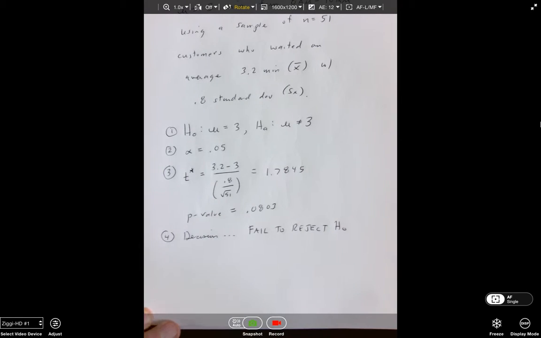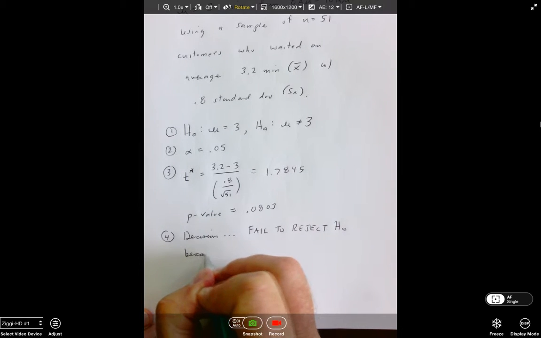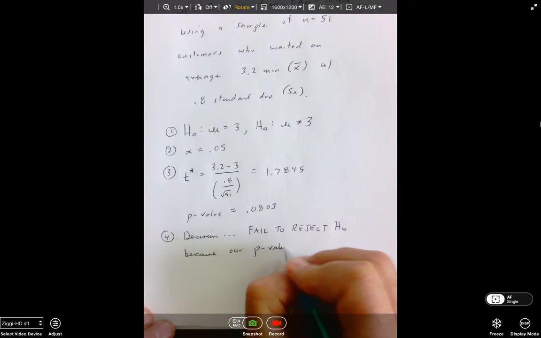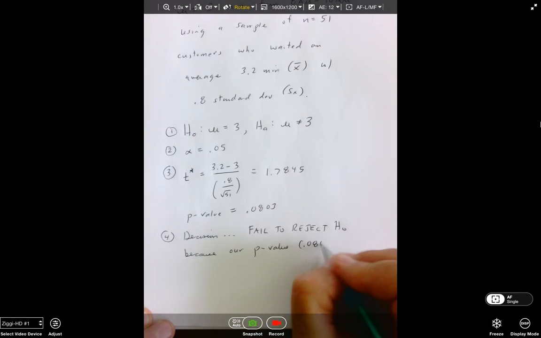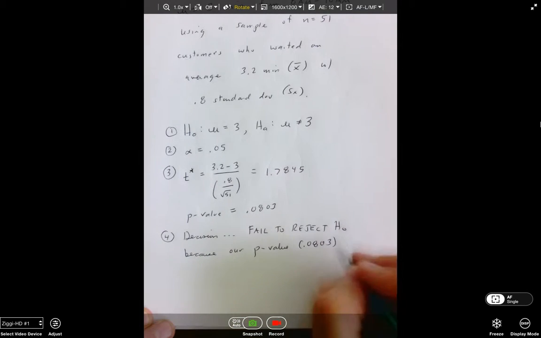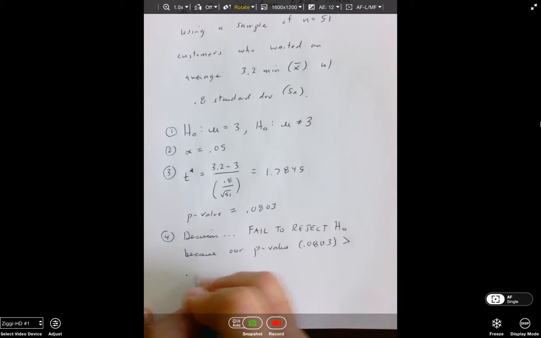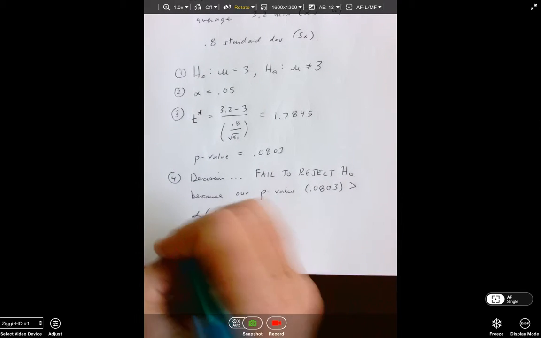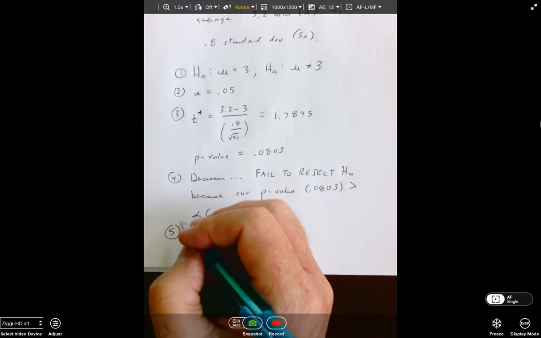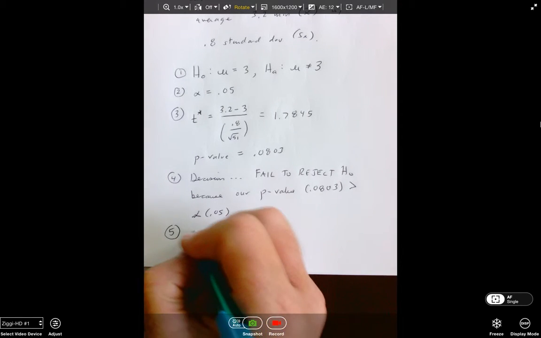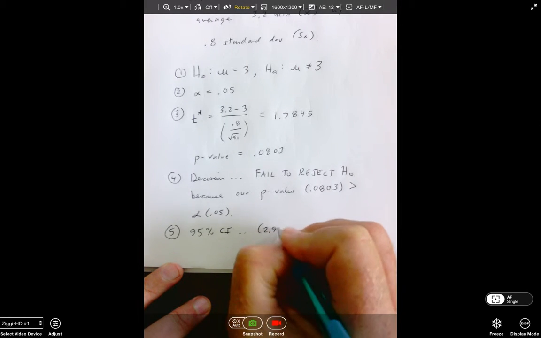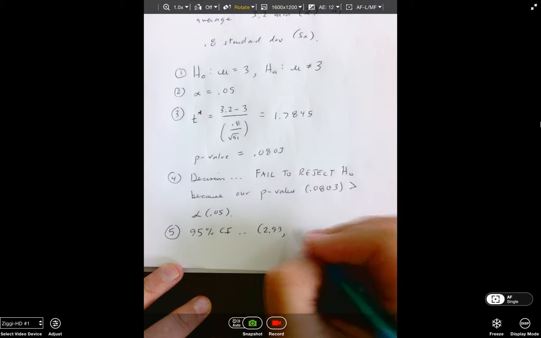We failed to reject H sub O because our p-value was greater than our alpha. Our 95% confidence interval turned out to be 2.97 to 3.43.